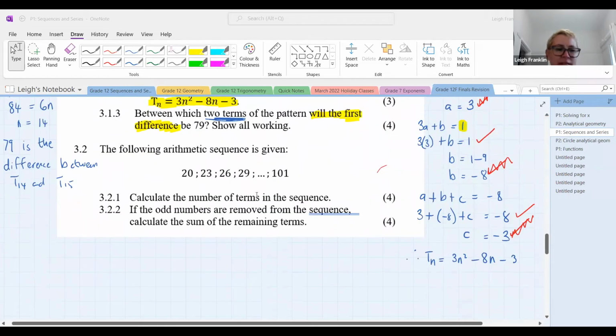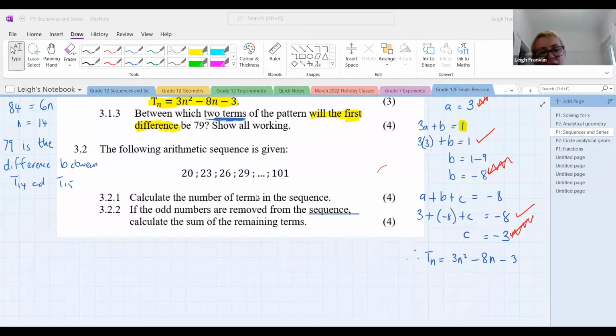All right, so now it says to us, the following arithmetic sequence is given: 20, 23, 26, 29, up to 101. The first thing that they ask us to do is calculate the number of terms in the sequence.